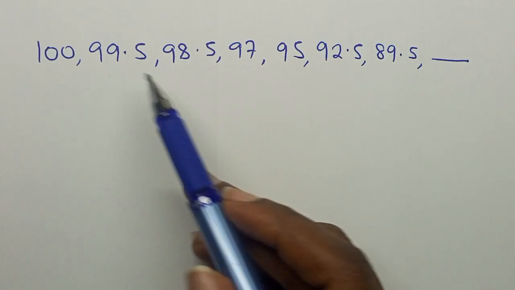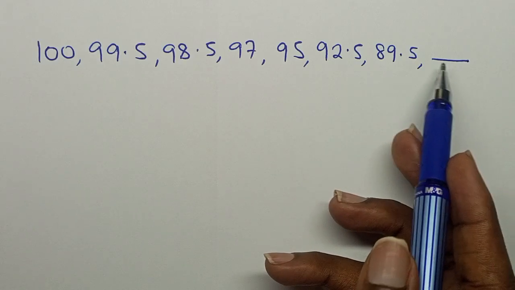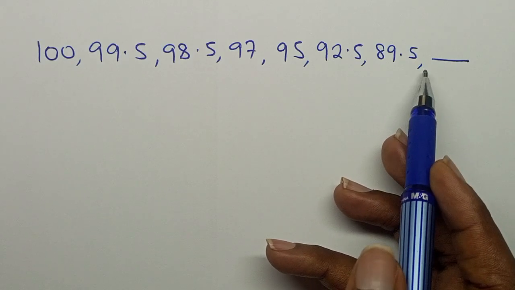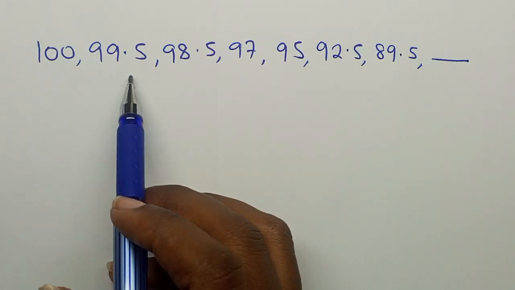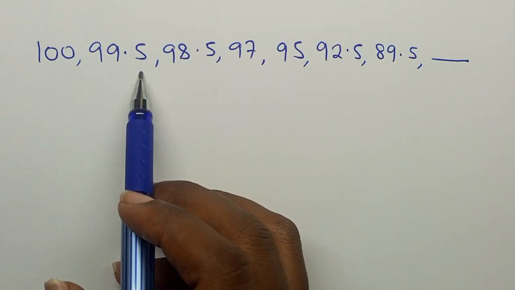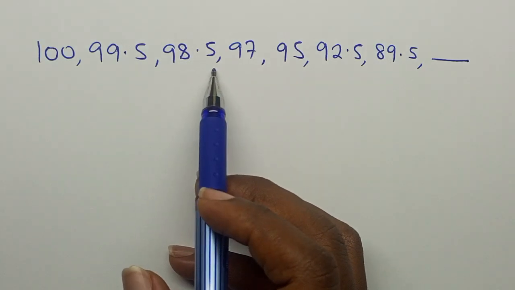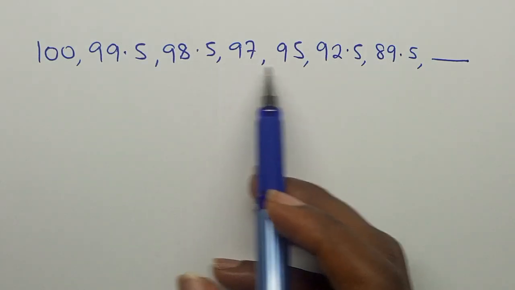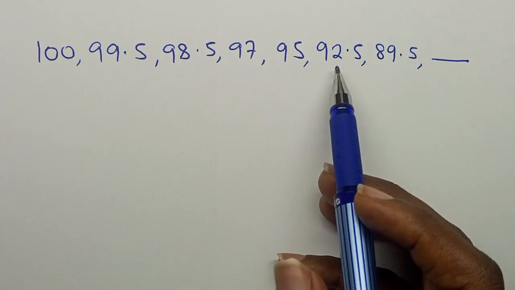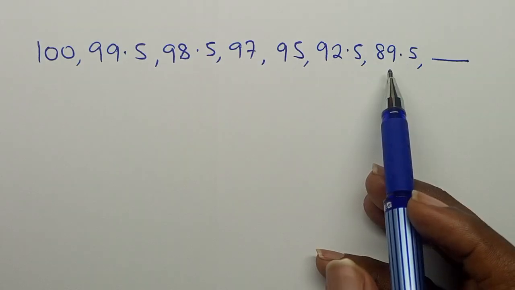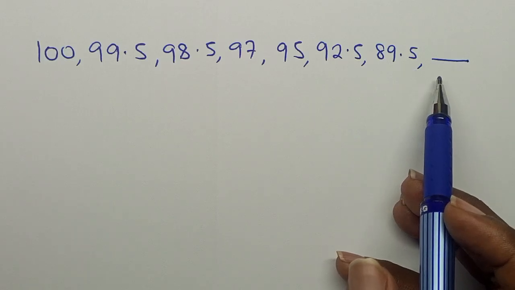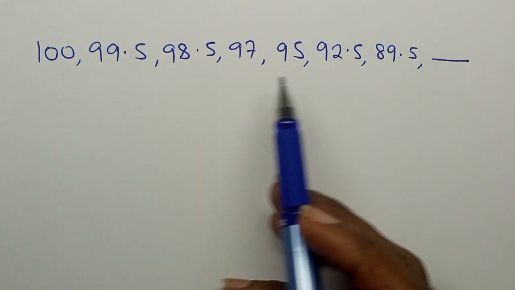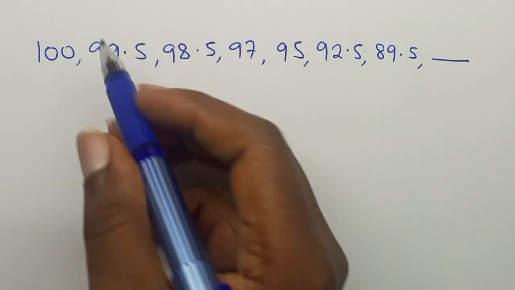If you have this series here, which is the next value in the sequence? This is 100, then 99.5, then 98.5, then 97, then 95, then 92.5, then 89.5. What's the next value in the sequence? As you can see, the value is reducing.